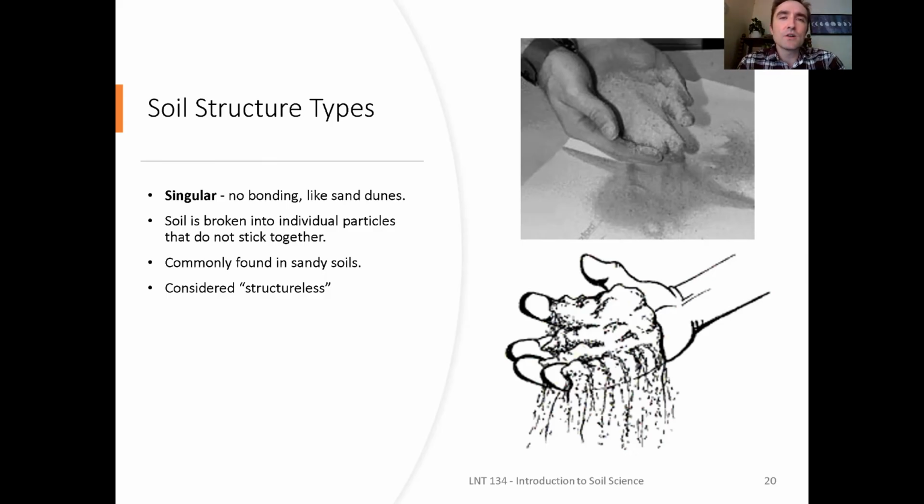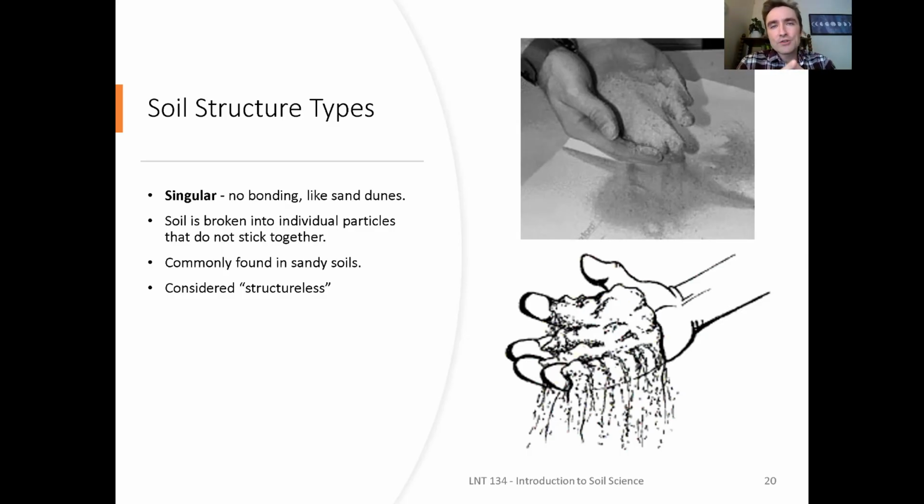But no, that's not good because it's going to wash away if you irrigate, and it's going to blow away in the wind. And also, there's not a lot of organic matter, most likely, to help bind this soil together. So it's kind of like a sand dune, but it could be made up of clay as well. So this is called structureless soil.